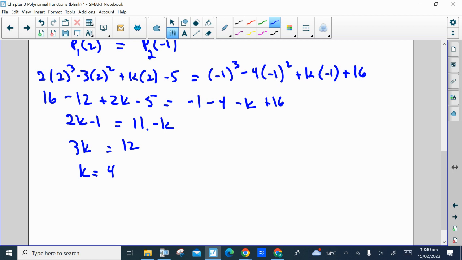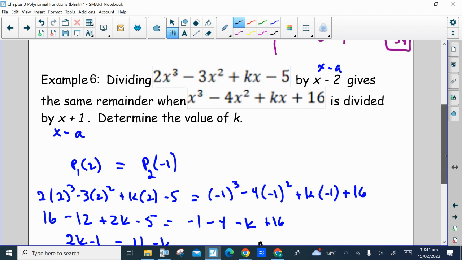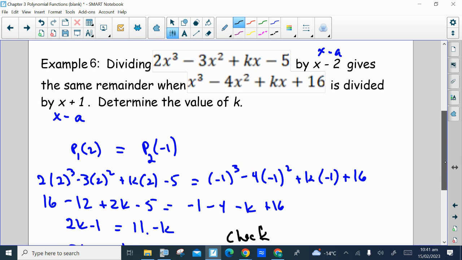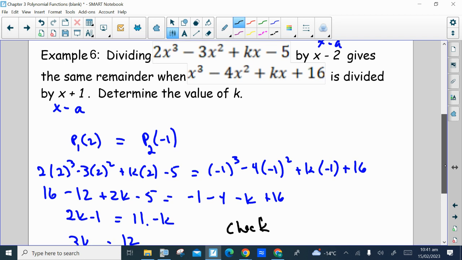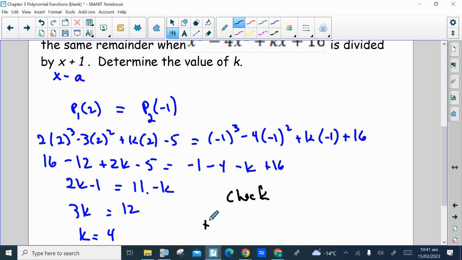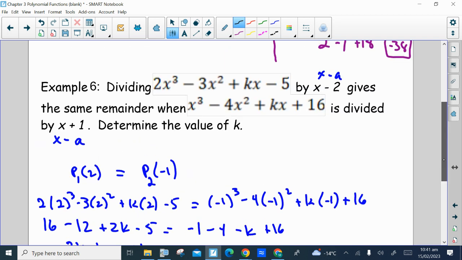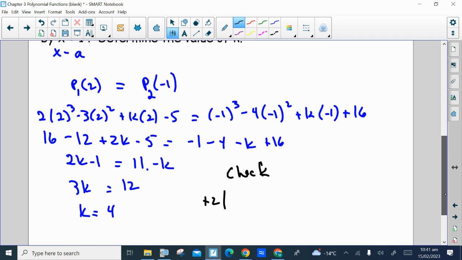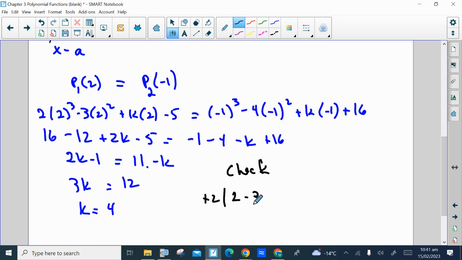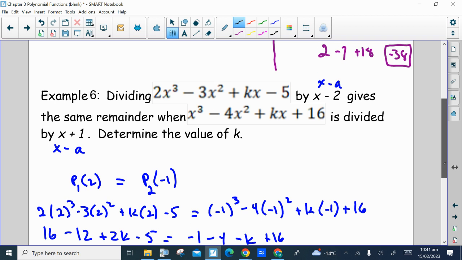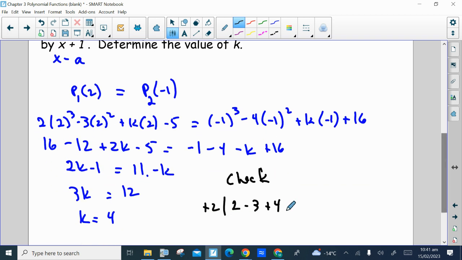So let's check this. By letting k equal 4, we should get the same remainder when we do the division. For the first one, we would change the x minus 2 to an x plus 2, and that's being divided into 2, take away 3, plus 4, that's our k value, the coefficient of the x term, minus 5.